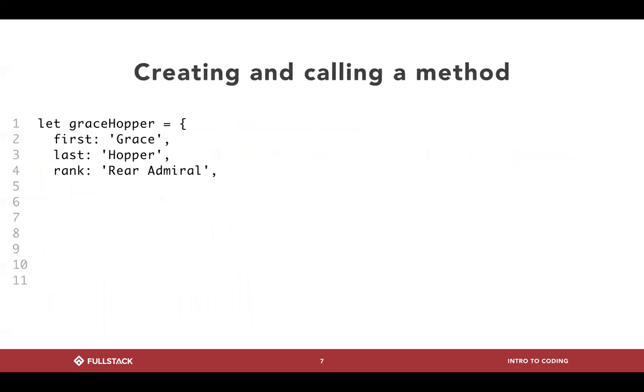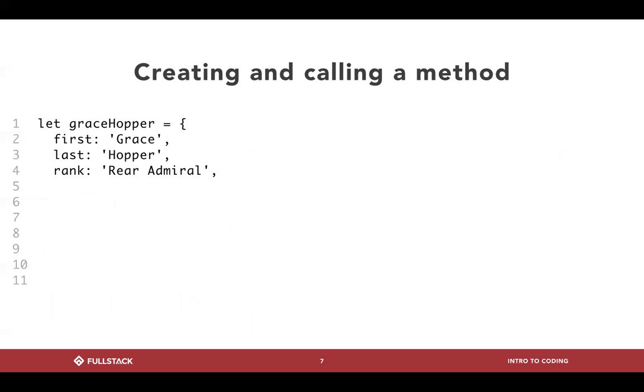Creating and calling a method. So methods really are just functions inside of objects, right? You can store any kind of value within an object, and we can store functions. And when you store a function in an object, it's commonly referred to as a method.